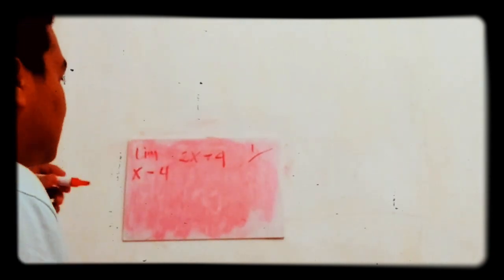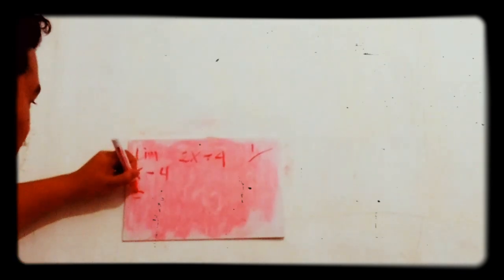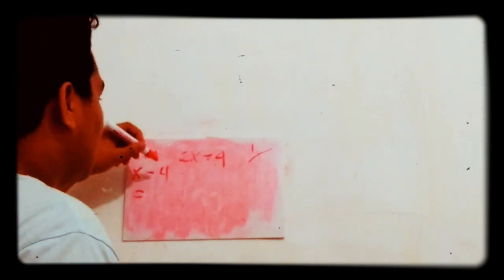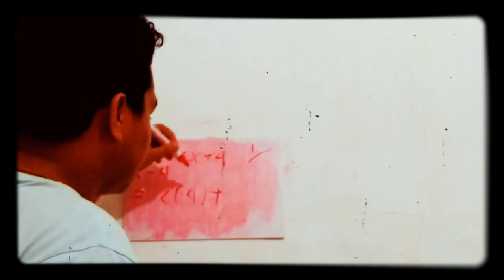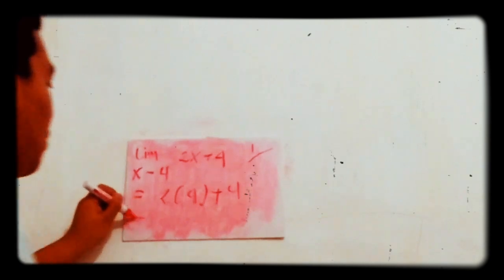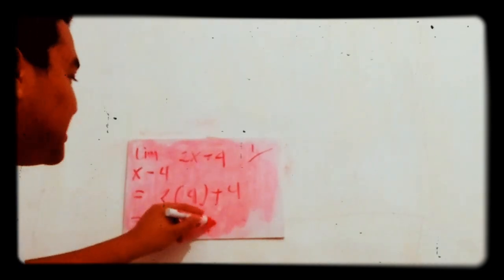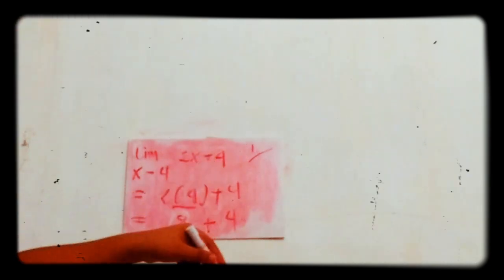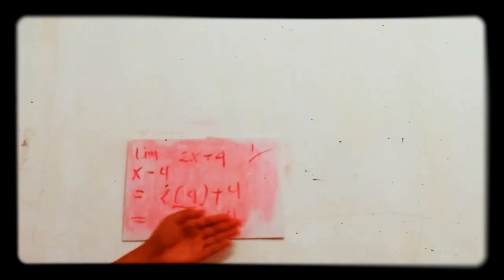Do not put limit, just put an equal sign. So equals 2 times 4 plus 4. 2 times 4 is 8, plus 4. 8 plus 4 is 12.